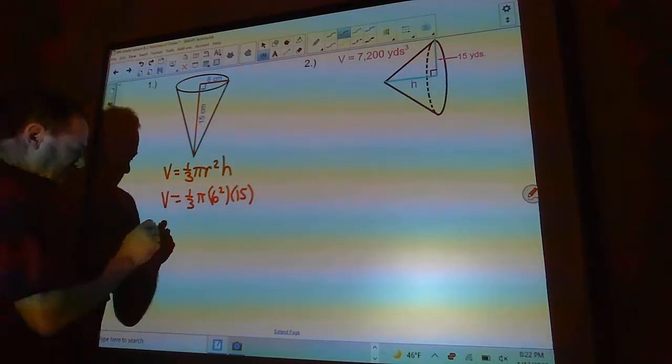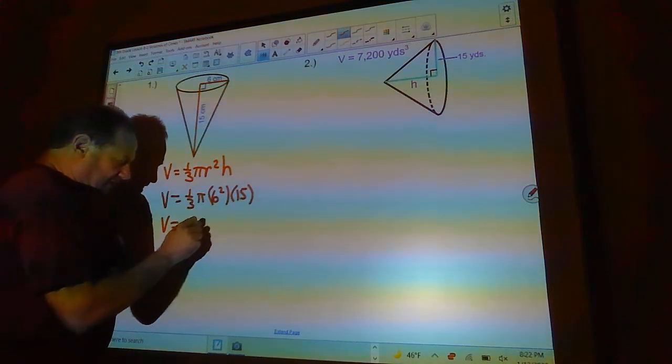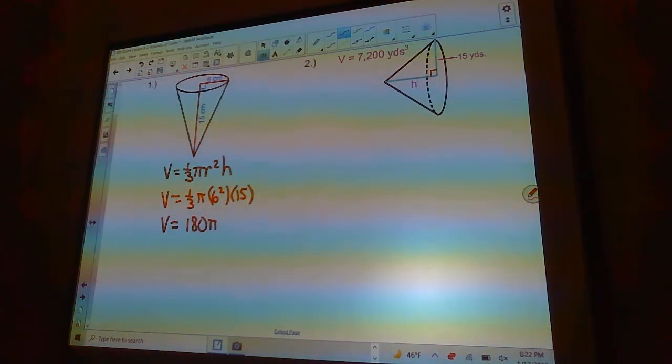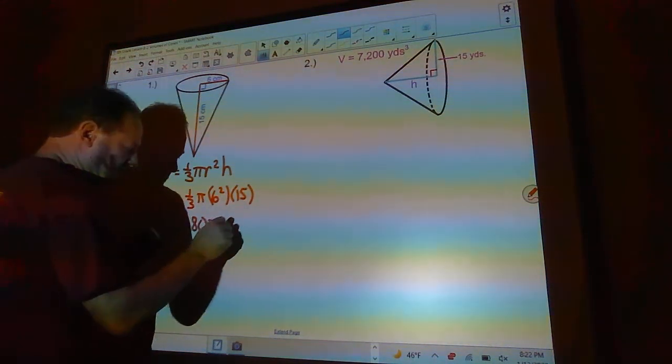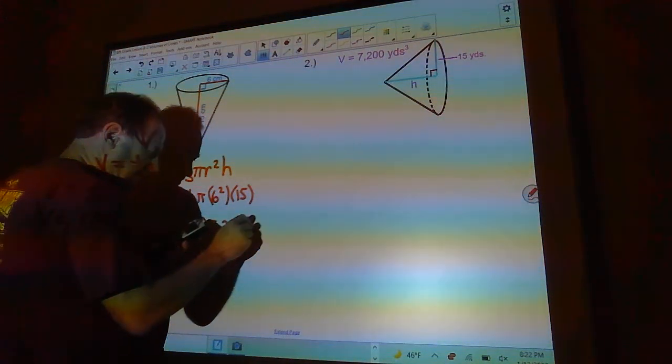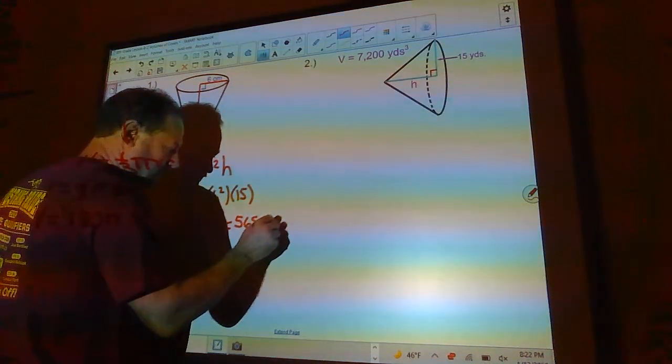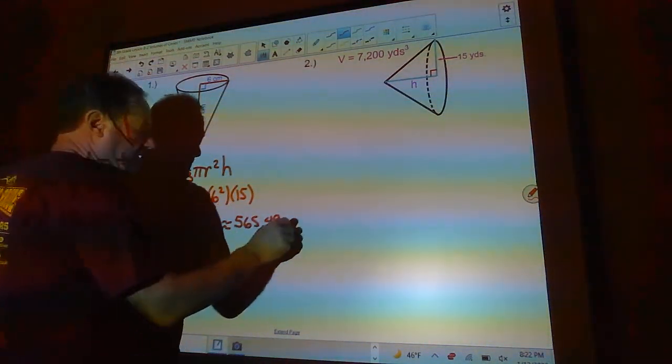So the volume is going to be 180 pi, which is the exact answer. And then we're going to go ahead and multiply that by pi. And that gives me approximately 565.49. And that would be in cubic centimeters.